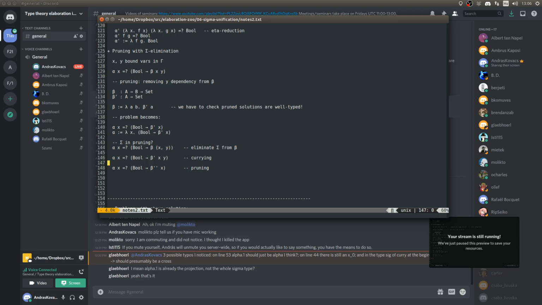So the idea is the same, and here it's also possible that we have to use any kind of way to eliminate sigma types. So here we had to use currying, but we can also have projections here. We can also have whatever here, and we have to use the same method.